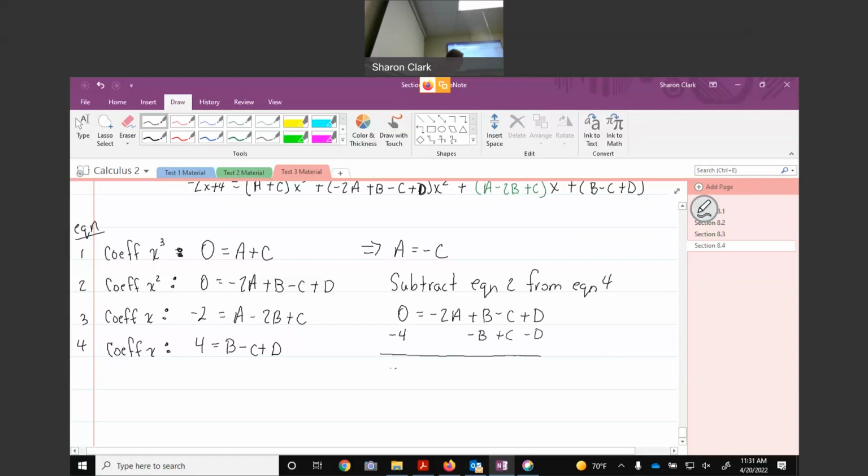And so I get negative 4 equals negative 2A, so 2 equals A. And from that, we know that 2 equals negative C, so negative 2 equals C.